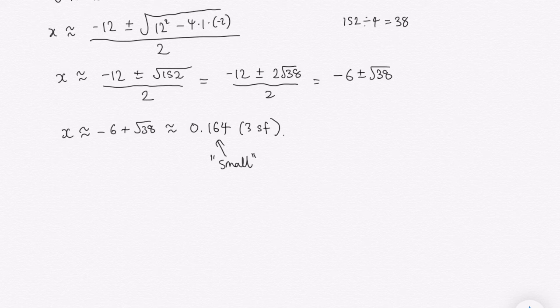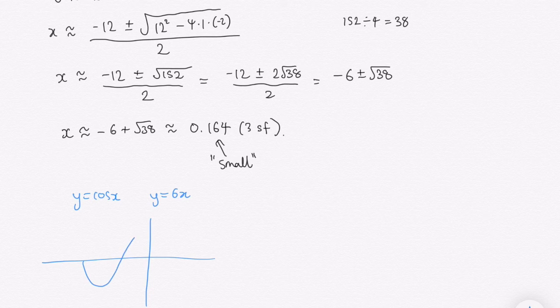And if we sketch the graphs of y equals cos x and y equals 6x on the same axis, we will get something that looks a little bit like this. So this is y equals cosine x, and y equals 6x is a straight line with a gradient of 6.